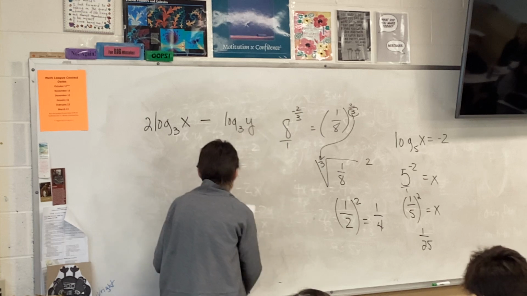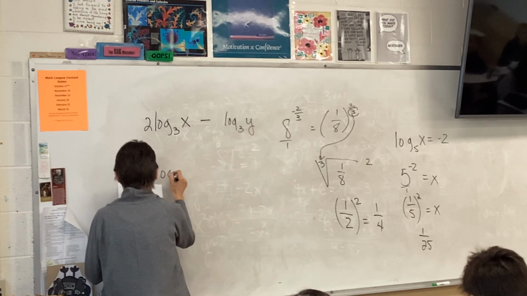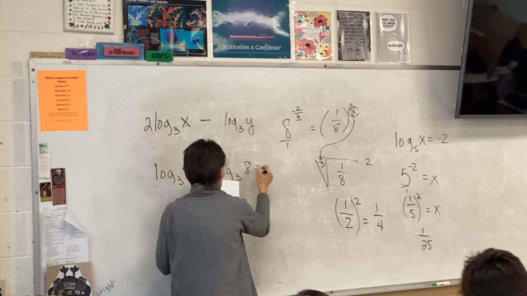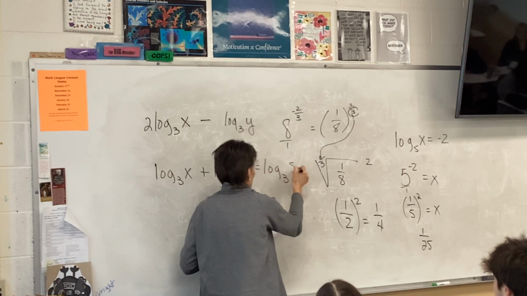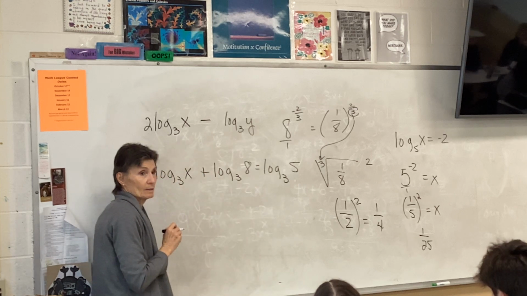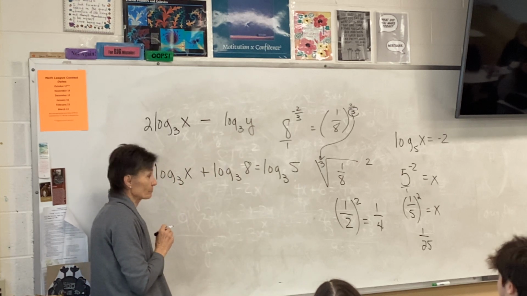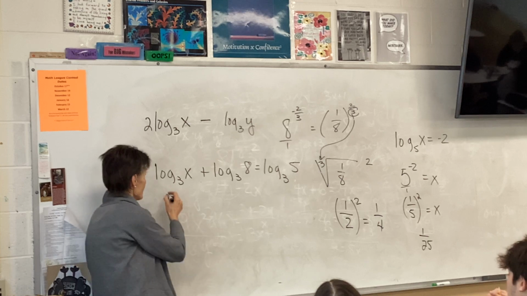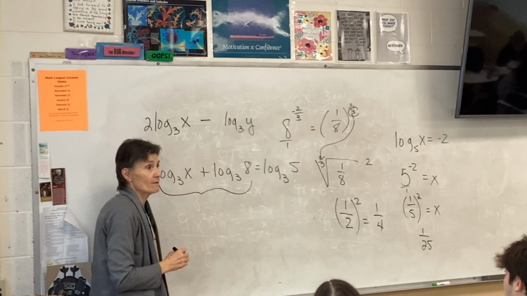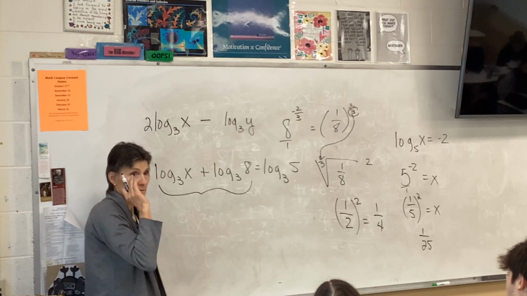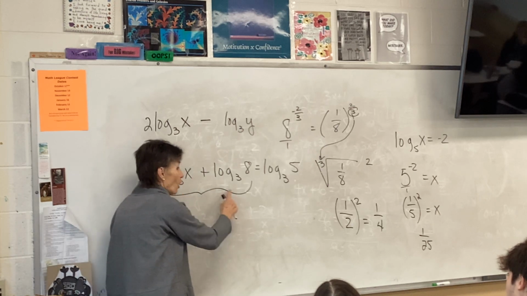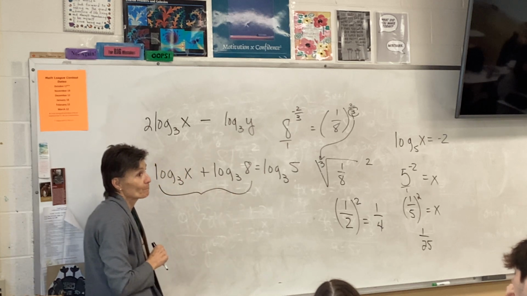Now we have a solve. This is what we did yesterday. And we need to solve this. Okay. See this right here? That is like a flashing light. No, no, no, no! You cannot have 2 logarithms on the same side.